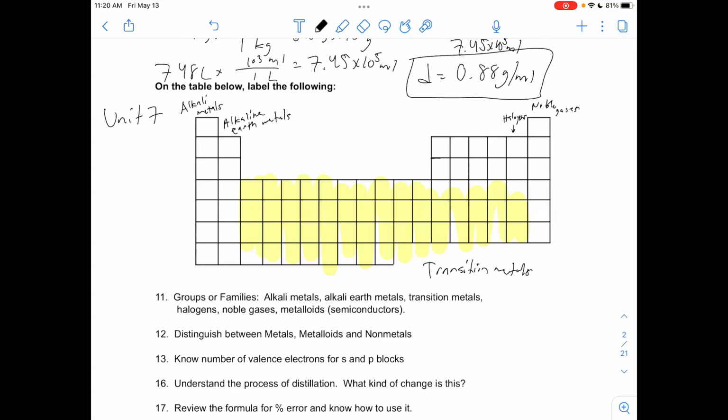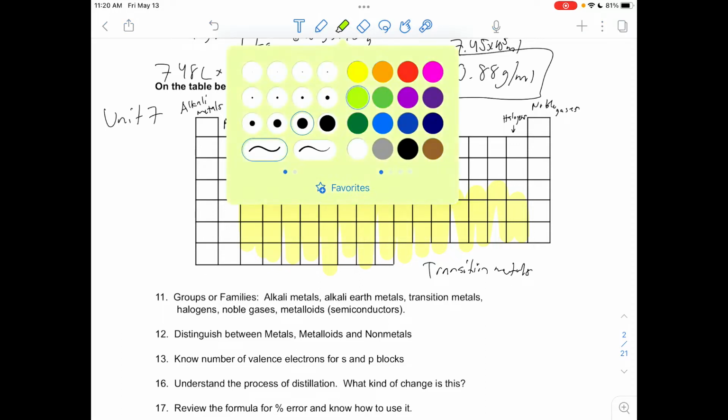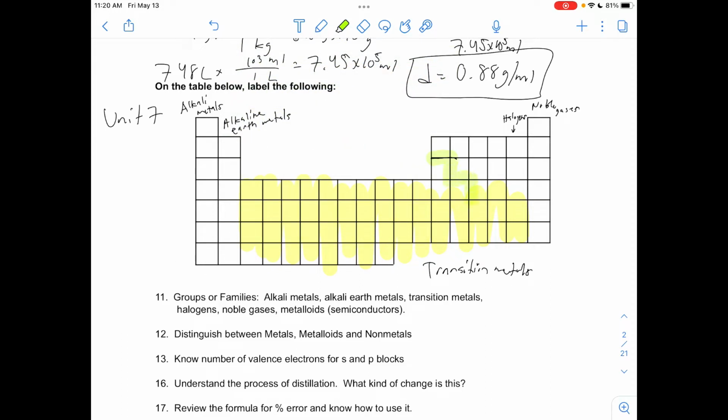Okay, and then metalloids. So we have this kind of staircase over here. I'll label it in green. Okay, so we have aluminum, or actually, sorry, that's not aluminum, that's boron.